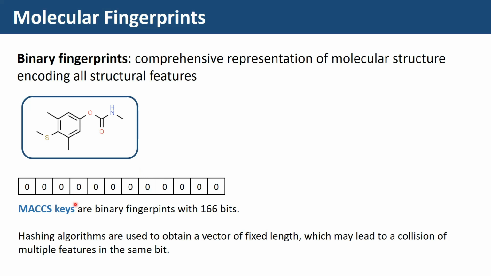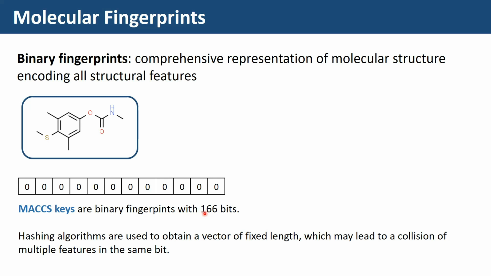There are a lot of types of fingerprints, and we decided to use these, which are called MACCS binary fingerprints, which have a fixed length of 166 bits. Why? Again, because from a computational point of view, these were easier to simplify the modeling part and to reduce sparseness in the binary fingerprint data.